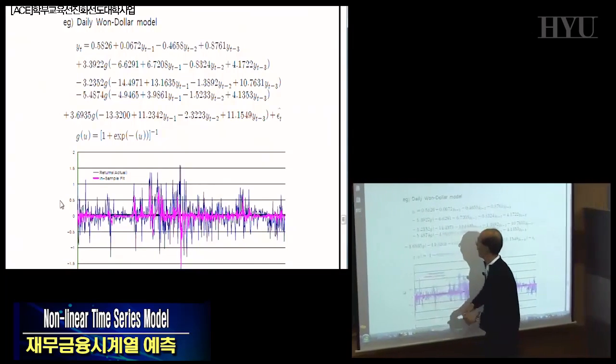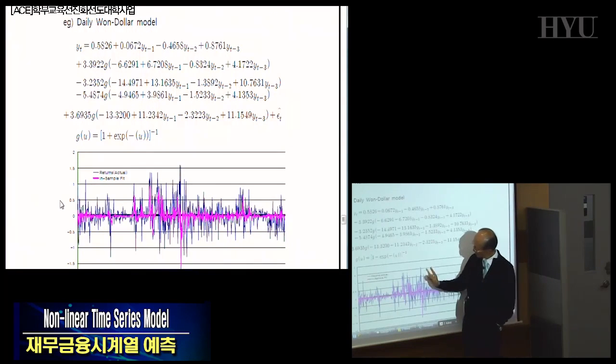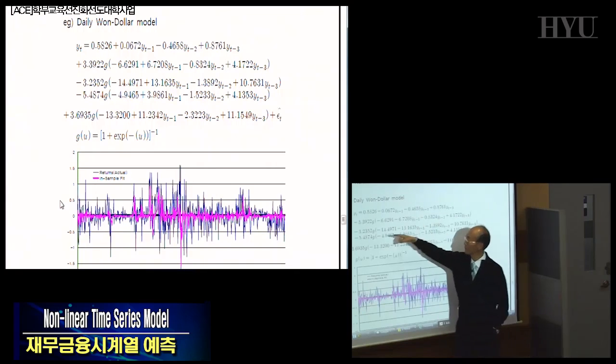So with this combination, actual data is this one, and this purple is a fitted value, right? If you have all those numbers, then you can calculate the fitted value.